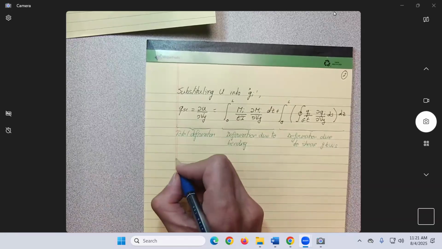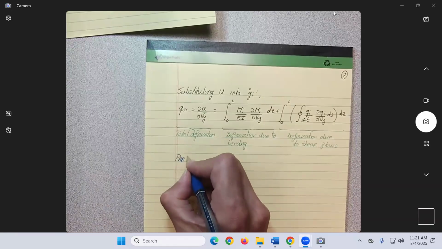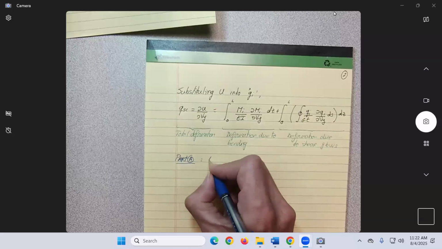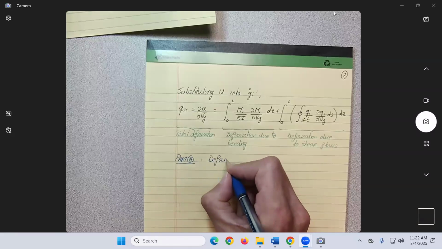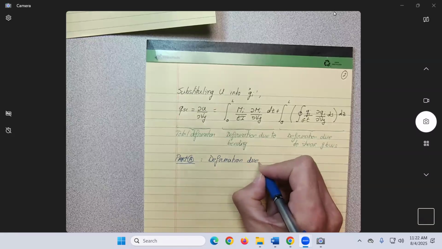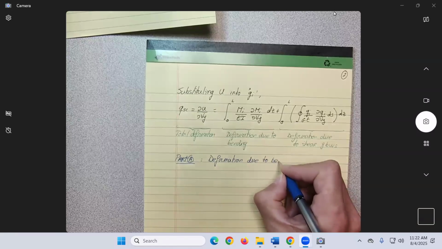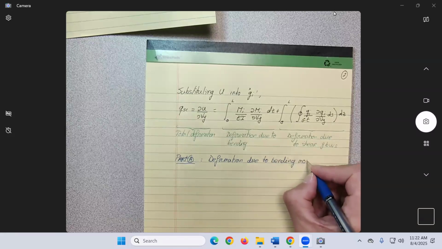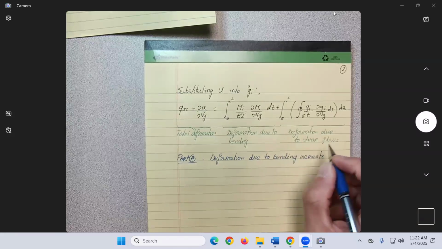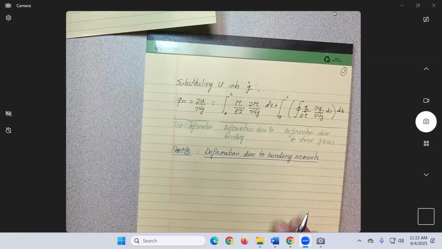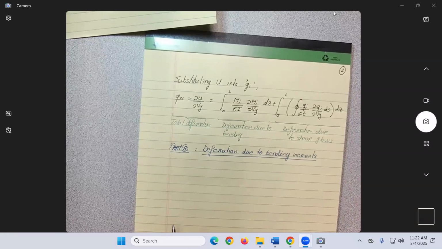All right, so if you want part A, we're going to call this part A, will be deformation due to bending moments. So again, you will see that this is pretty simple and it gives a pretty good answer.